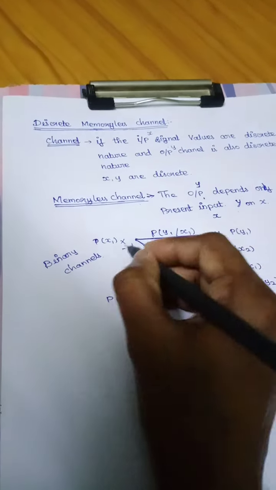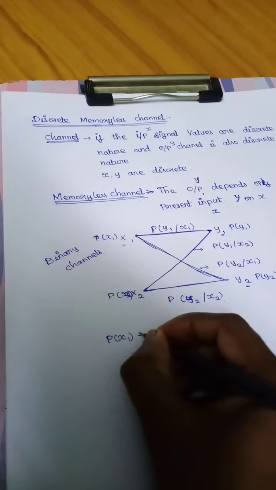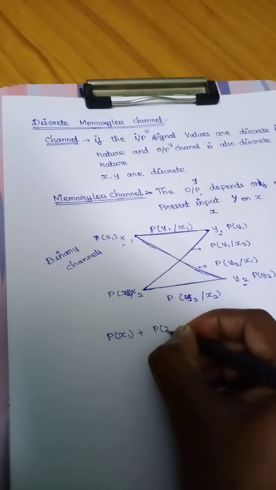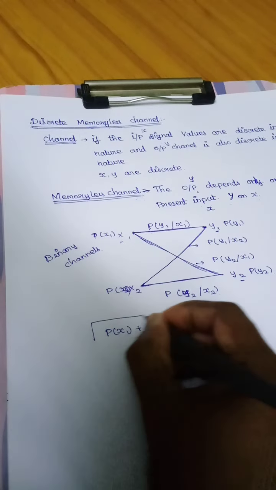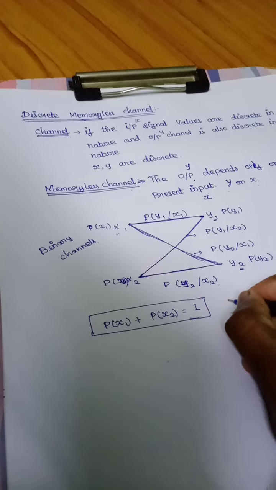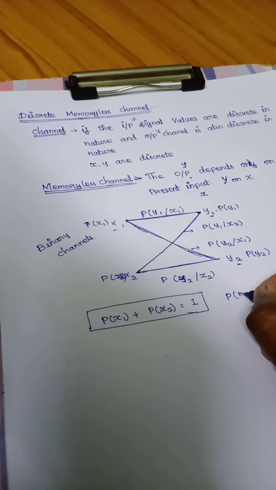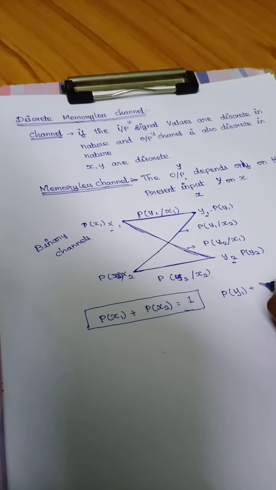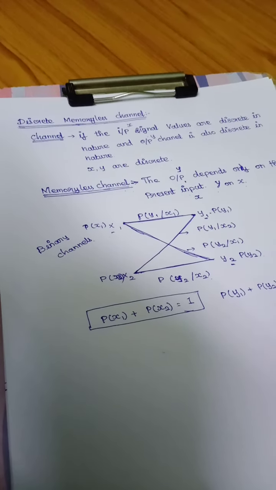Here probability of X1 plus probability of X2 is equal to 1. And probability of Y1 plus probability of Y2 is equal to 1.